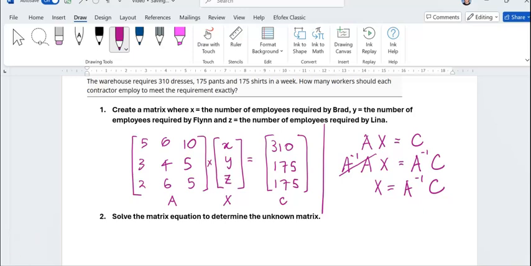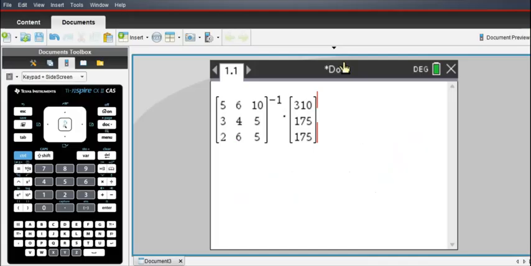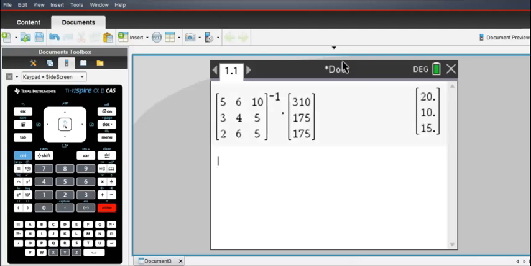So if I do that on my calculator, I've already typed in the matrix, so it makes it a little bit easier and quicker. So matrix A is listed there, power -1 to get the inverse, and then multiplied by the answer matrix. And when I do that calculation, my matrix X becomes 20, 10, 15.